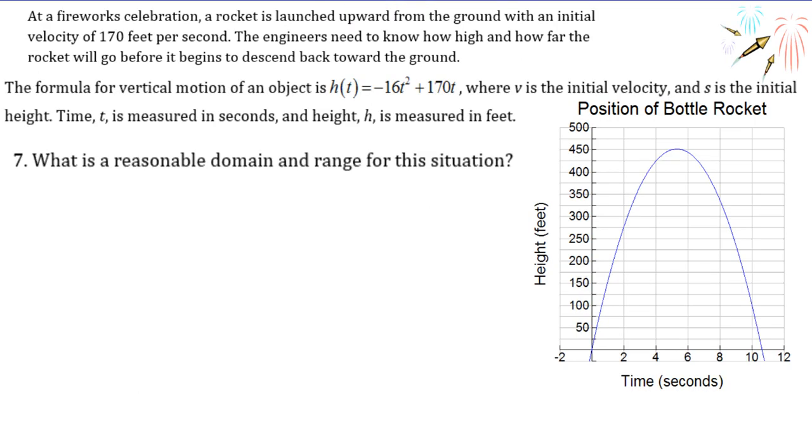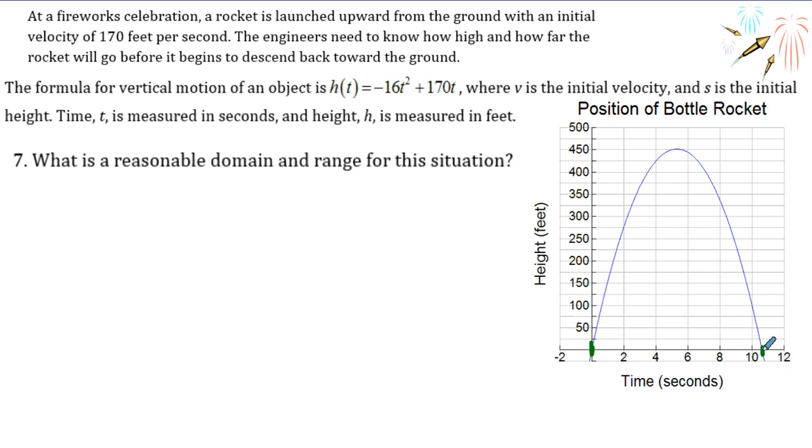Our next question asks, what's a reasonable domain and range for the situation? Well, if we're able to set our window and see the path of the rocket, we can use that to help write our domain and range. Domain is the set of all the inputs, and again, it's for the situation. So what makes sense for our domain? Well, definitely when the rocket is being launched, for time of 0 until it lands.